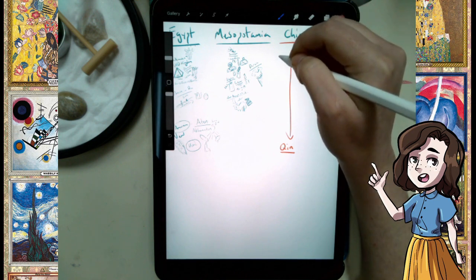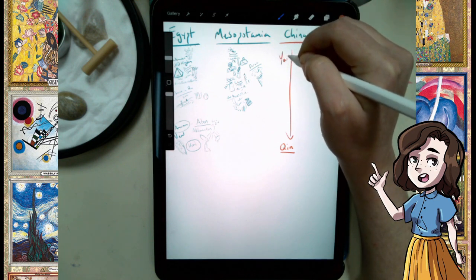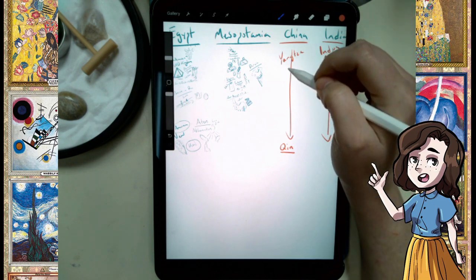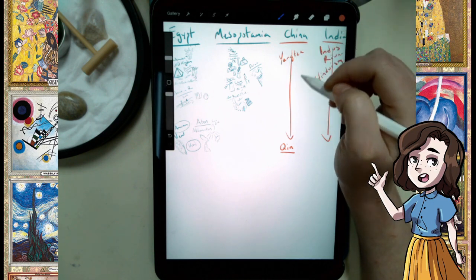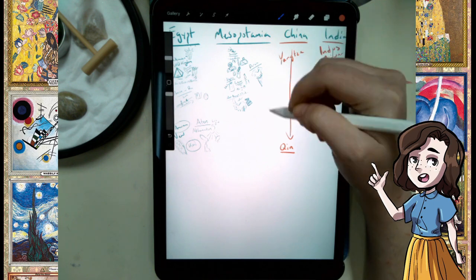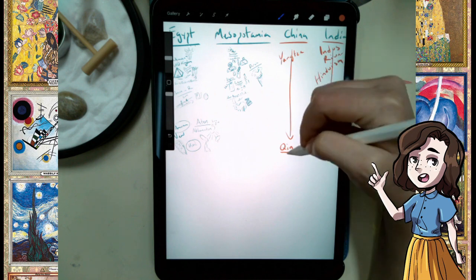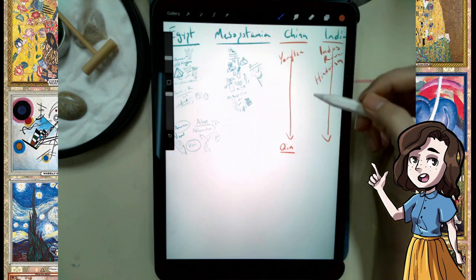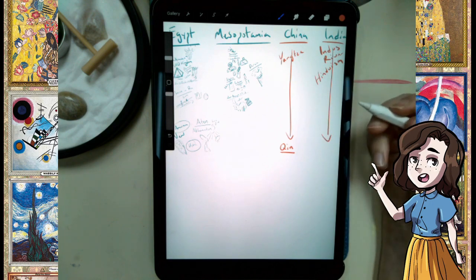And China's developing along the Yangtze. Sorry, pronunciations. There's two major rivers in China, and I can't remember the second one. I'm so sorry. So we have these early settlements around there. Civilization, as it is described here, happens around the Greeks.